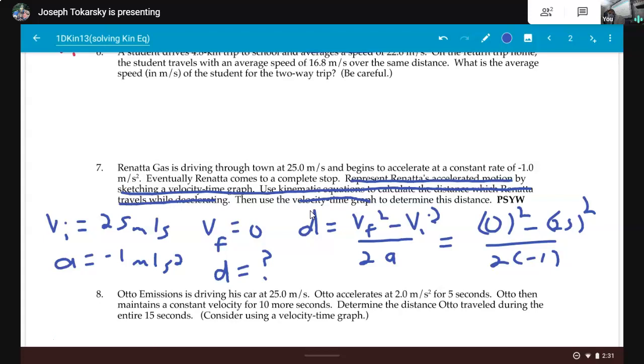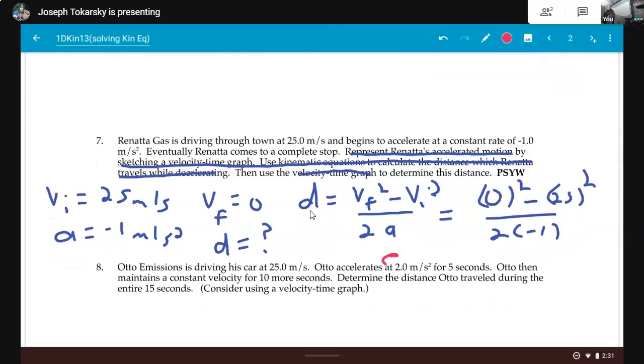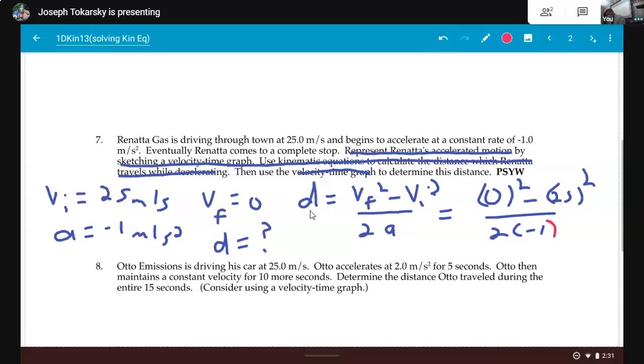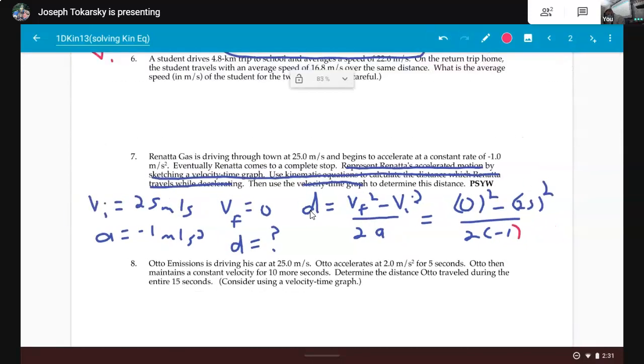Run those numbers, and our D will be down here. I don't want to write over that one, so I'm going to put it up here, since I got room up here, okay?